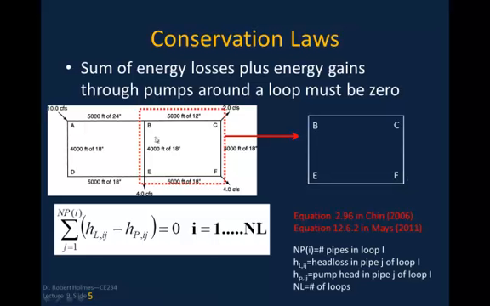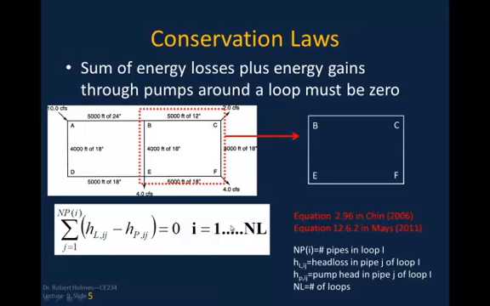But if you notice over here in the real network, you might actually have flow going from BE to EF, and they're flowing out at this external flow at node F. So we're going to have a scheme where the clockwise direction is considered a positive energy loss, and counterclockwise would be a negative energy loss. And we will sum those energy losses, keeping track of the direction, whether they're plus or minus.